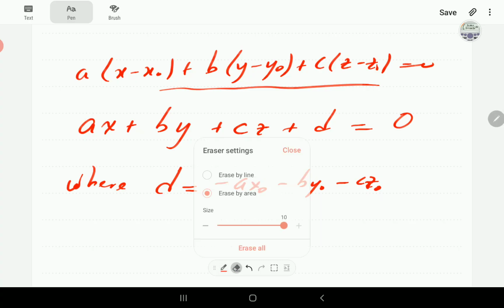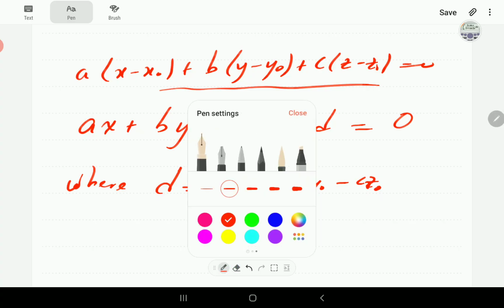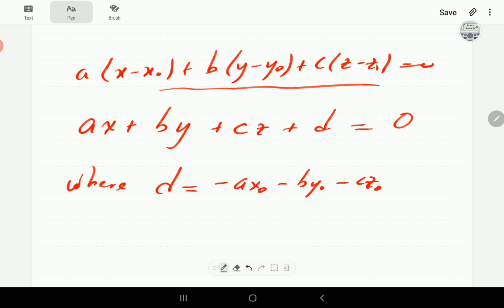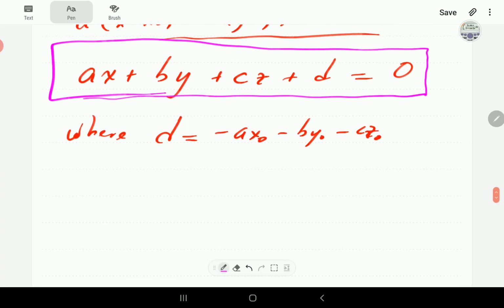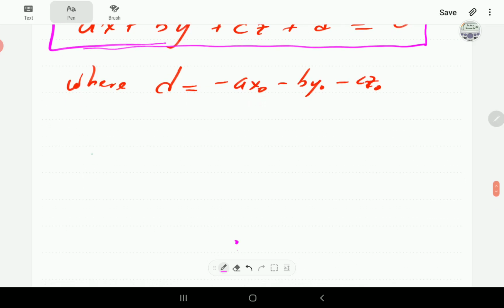This equation here is what we call the scalar equation of a plane. It's the equation you are typically going to have come across when, say, doing Cramer's rule. So basically you've got 2x minus y plus z equals 0, or even equal to 7.